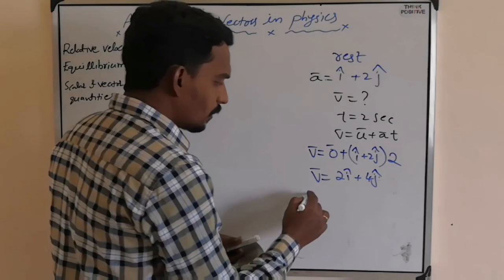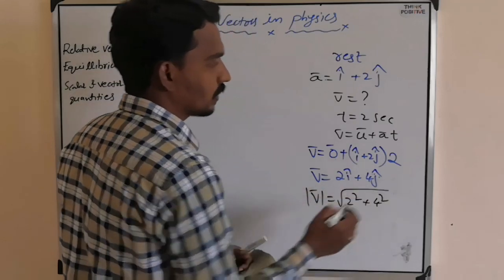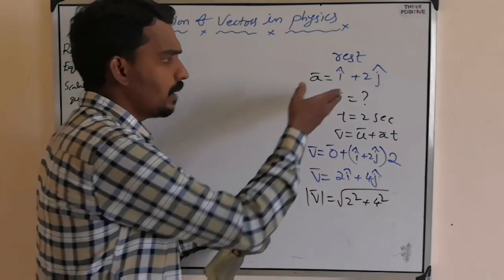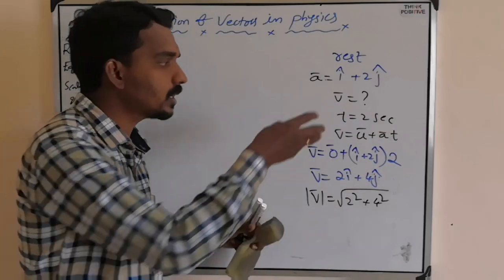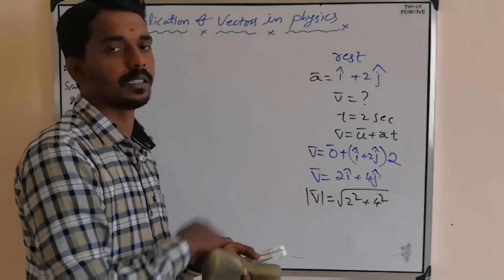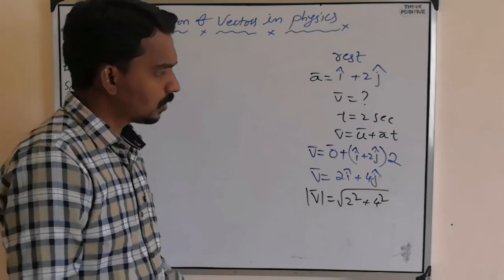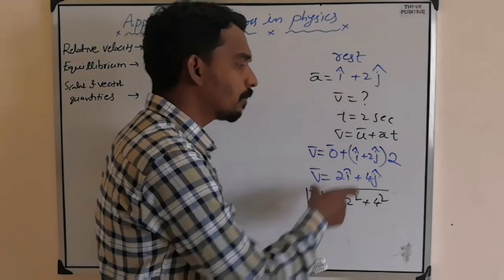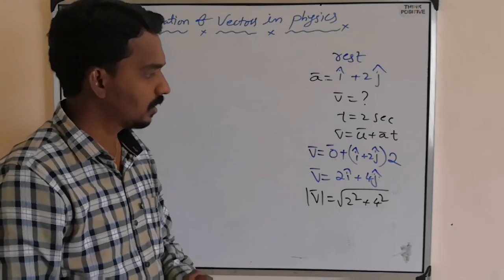Now if they are asking the magnitude, then under root 2 square plus 4 square. But the same equation you are using, but in vector form. That is motion in a plane, which I think you have already studied. So this way vector application comes everywhere, in most of the situations.